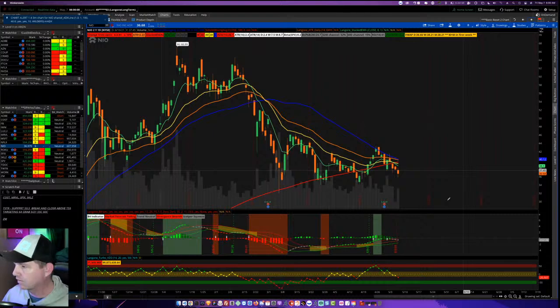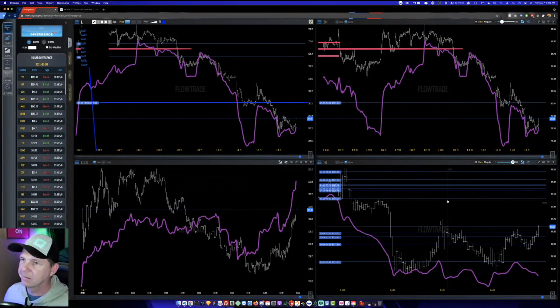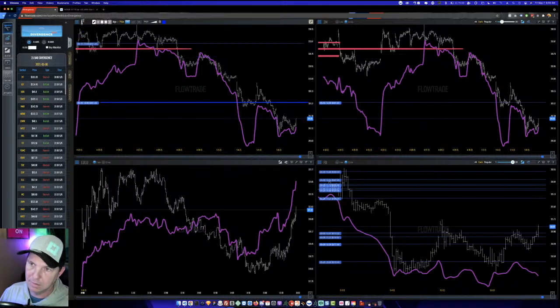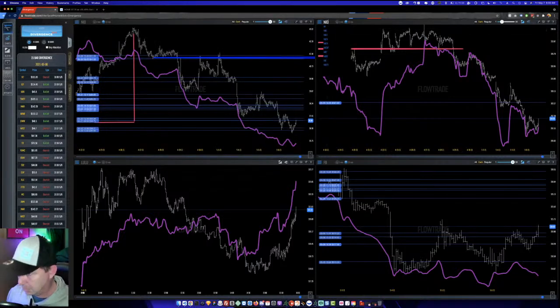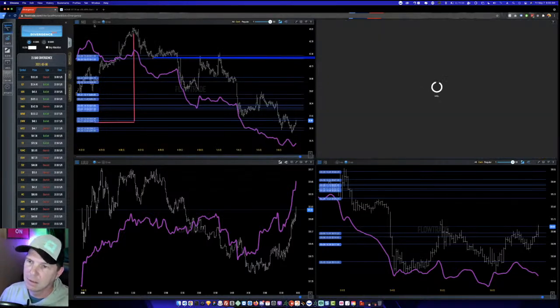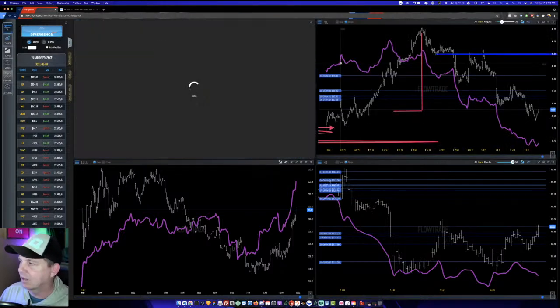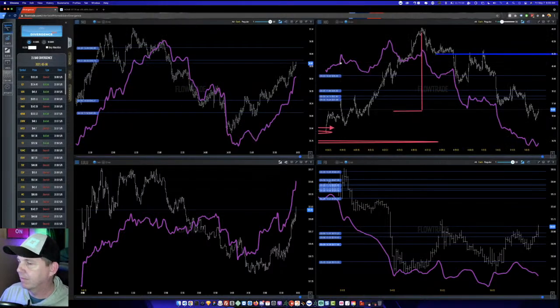I've got so many drawings on my chart. Still getting a ton of block trades. Okay. This isn't the W pattern, right?